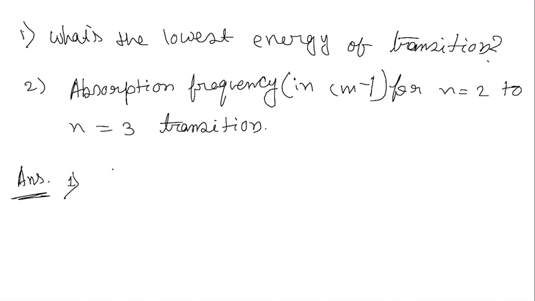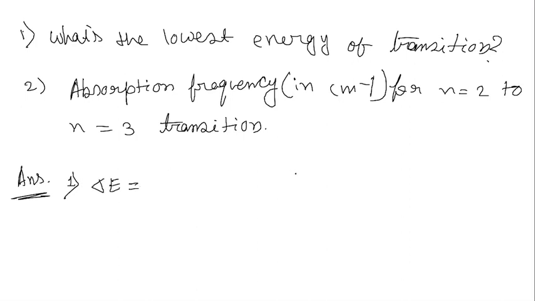Here we have to calculate how much energy is needed for the electrons residing in n equals 2 to transfer to the n equals 3 level. Then what will be the energy? That will be the energy gap between the 2 energy levels. So let's calculate the energy gap.